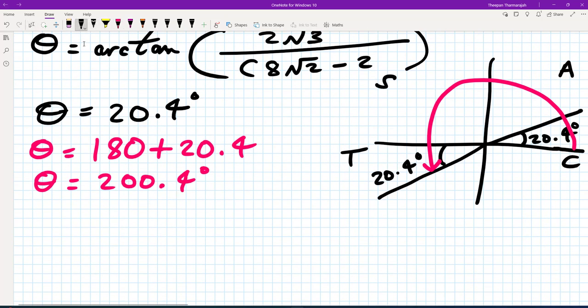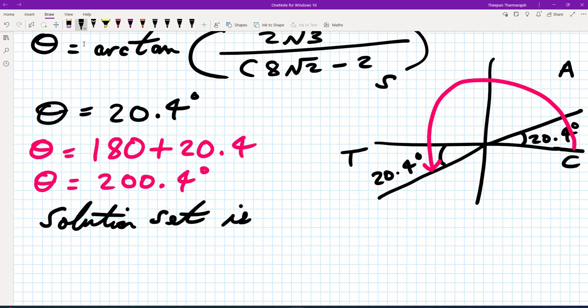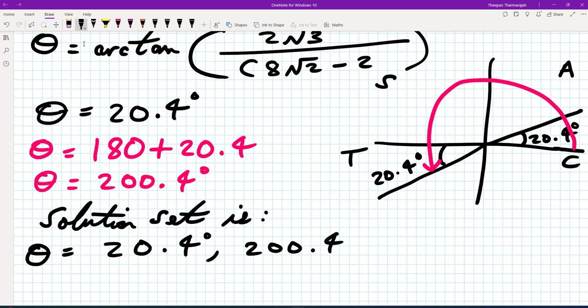This is how you show full thorough working out. So our solution set is followed by a colon, theta, and we list the solutions: 20.4 degrees, comma, 200.4 degrees are our required solutions.